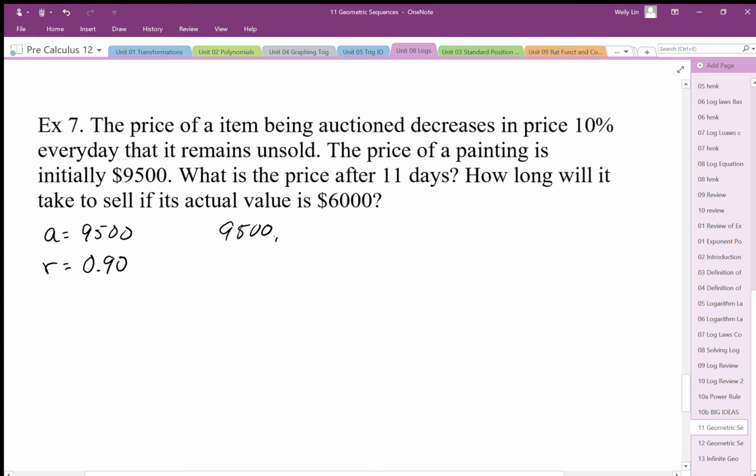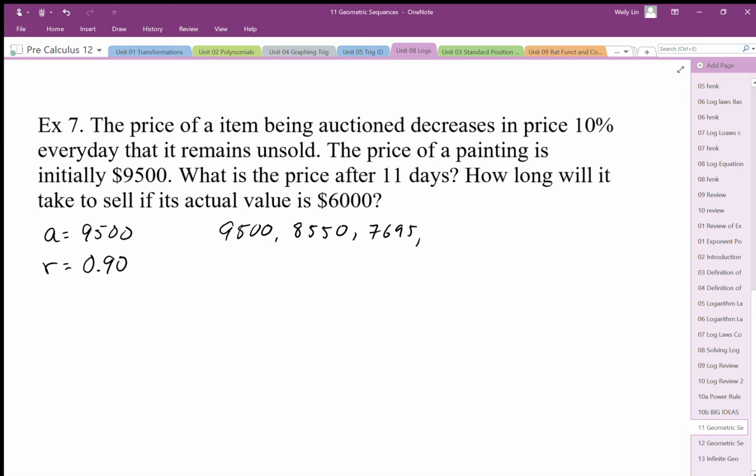It's going to be 9,500, and I can go 9,500 times 0.9. So I get 8,550. I get 7,695, and then I can keep going, and I can see when it hits $6,000.